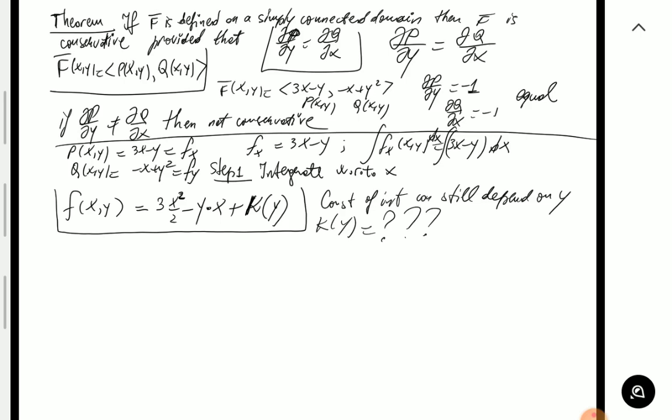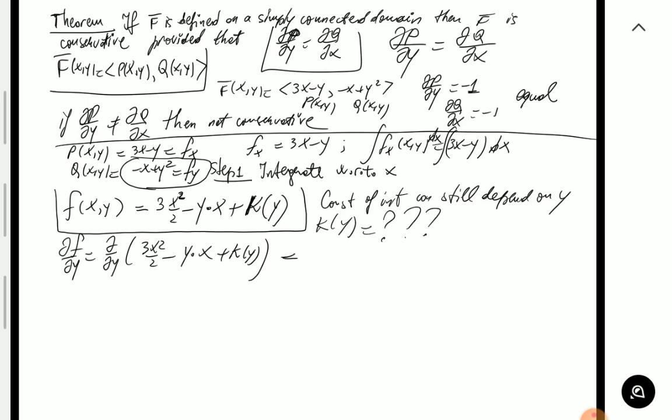How do we find it? Well, now it's time to actually make sure that this potential fits the second partial derivative. So the partial derivative with respect to y needs to match the second component of the vector field. So now I'm going to take the partial y of the potential function that I just found, including the unknown piece of it, k of y.